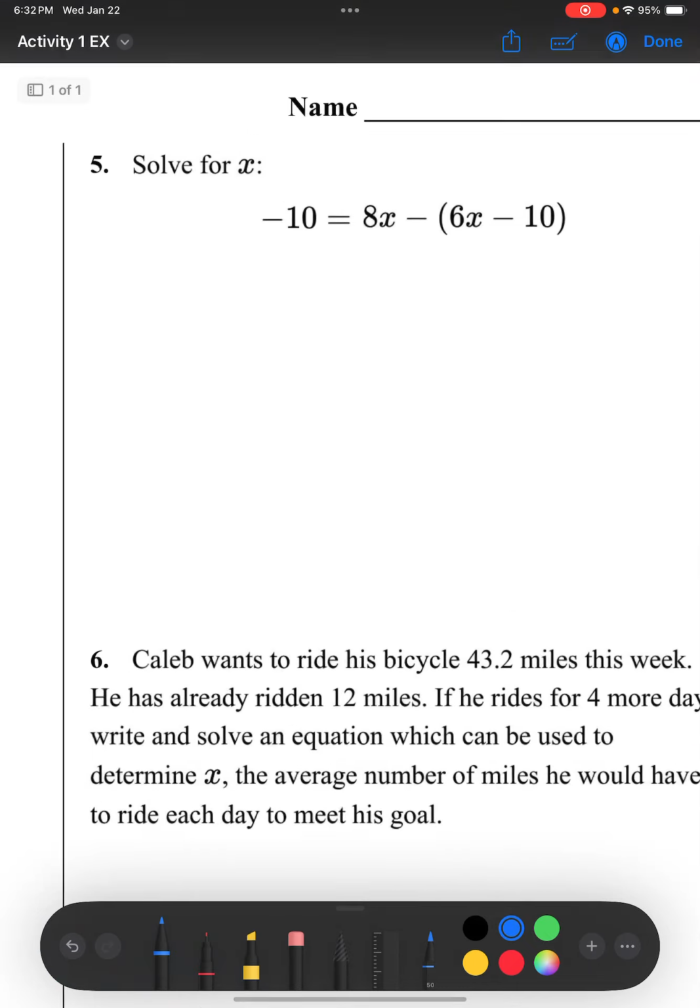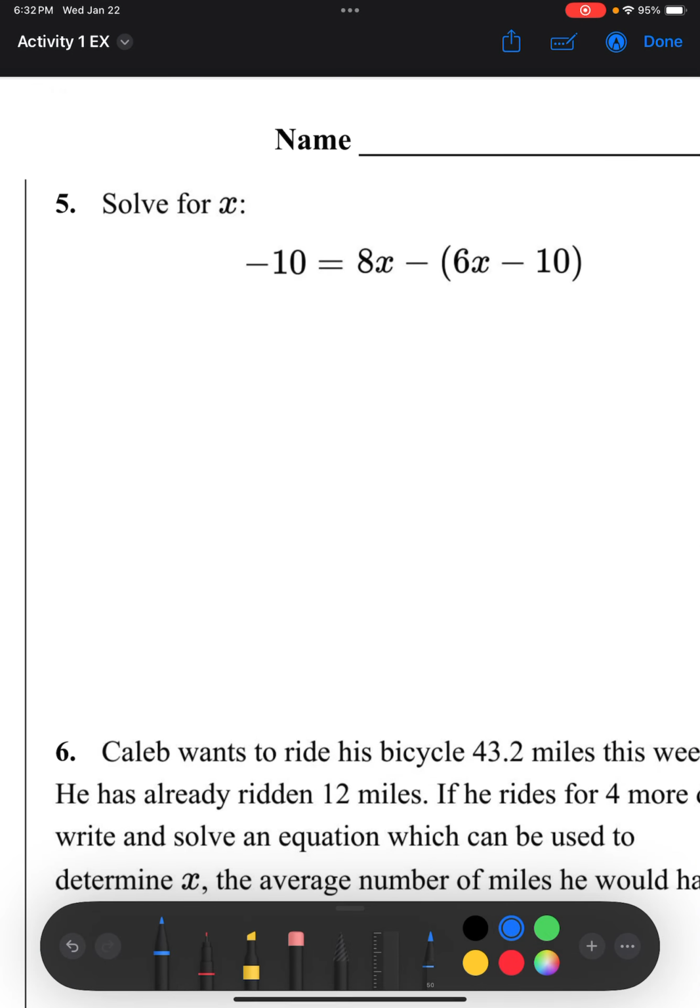Alright, so number 5. Still, we're solving for that x. A key thing here that we wanted to realize is that when you're subtracting what's in the parentheses, you're actually adding the opposites, right? So this is the same thing as 8x minus whatever was in the parentheses. We have 8x plus negative 6x plus 10.